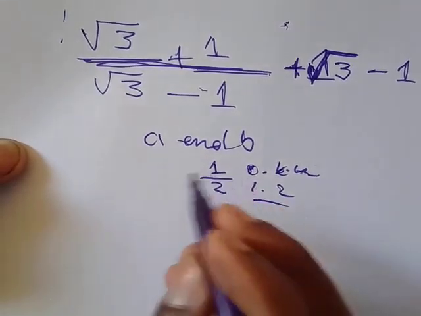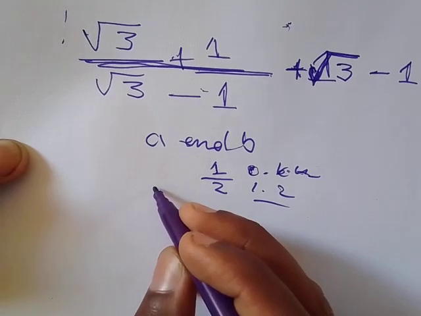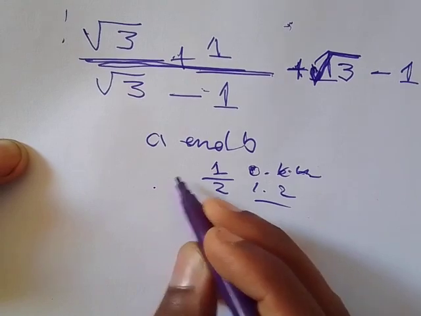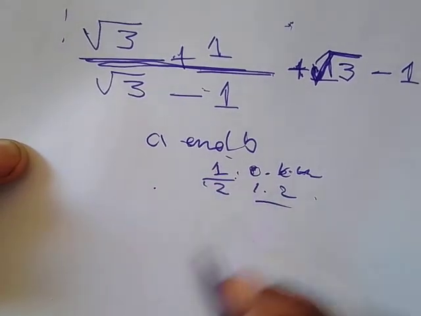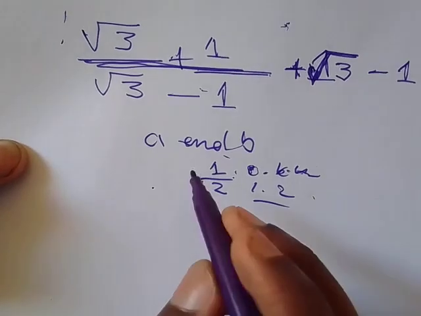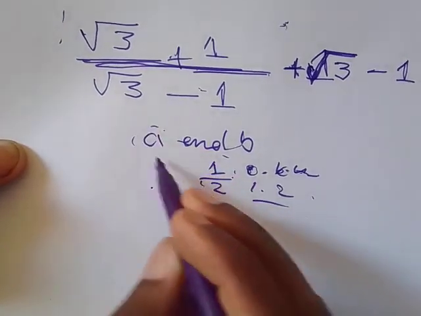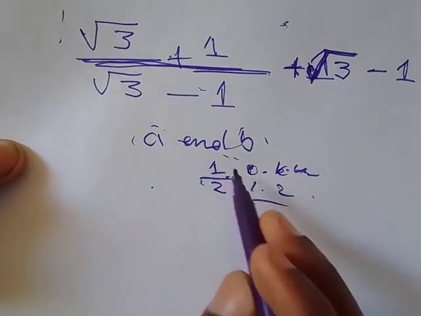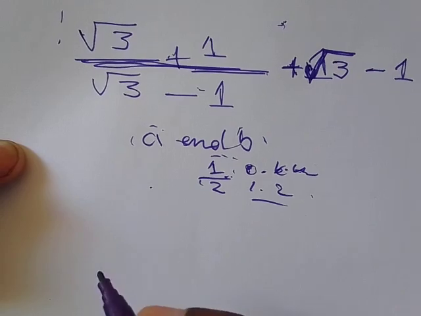So rational numbers are numbers that have common factors. They can never be left in this format. So the answer that you're going to get, a and b, shouldn't be in this format. Don't worry, I'm going to show you when we solve it.